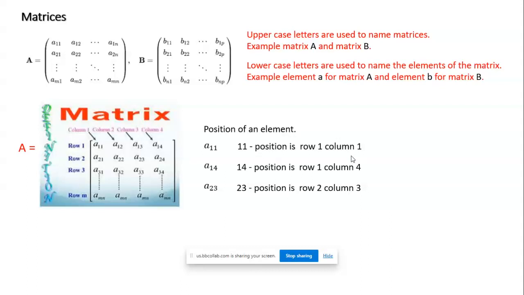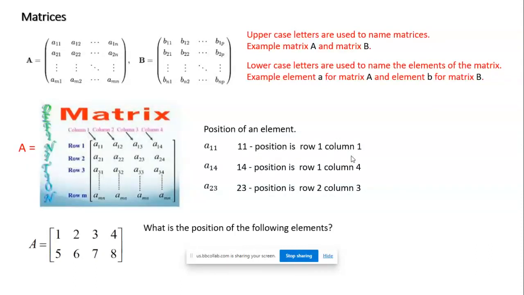So this is how we read elements in our matrix. They're based on the row and then the column. For instance, if I had this matrix now with number examples, 1, 2, 3, 4, 5, 6, 7, 8, what is the position of the following elements? A13: the 1 refers to my row, so it's row 1, and the 3 is column 3.